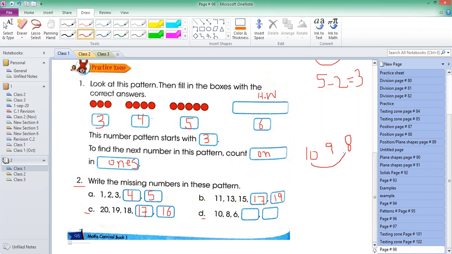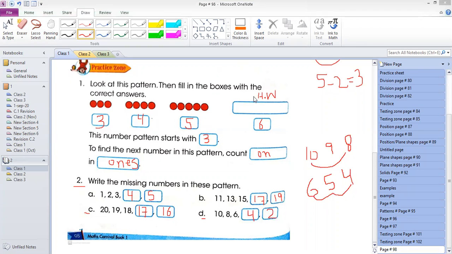So you skip that and directly move to 8. The same you will do for 6. After 6, you count back 6, 5, 4. Count back in twos, 1, 2. The answer will be 4. Then 4, 3, 2. The answer will be 2. Clear, guys?